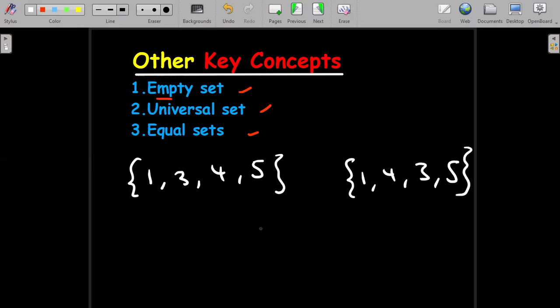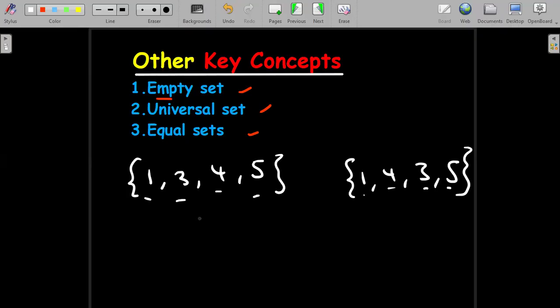These sets are equal because they have the exact same elements. There's 1 in this set, there's also 1 in that set. There's 3 in this set, there's also 3 in that set. There's 4 in that set, there's also 4. There's 5 and there's 5 there. So we see that this set is a subset of this one and vice versa, meaning these two sets are equal.